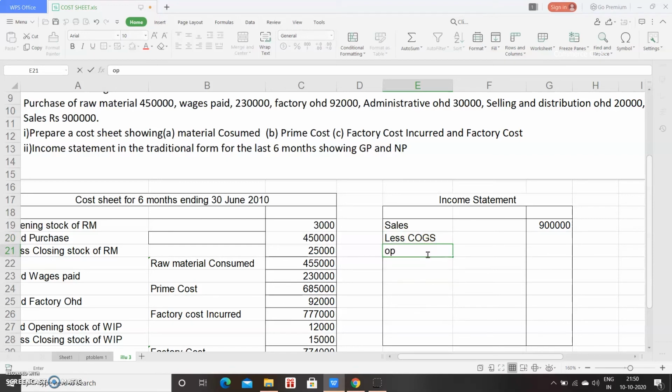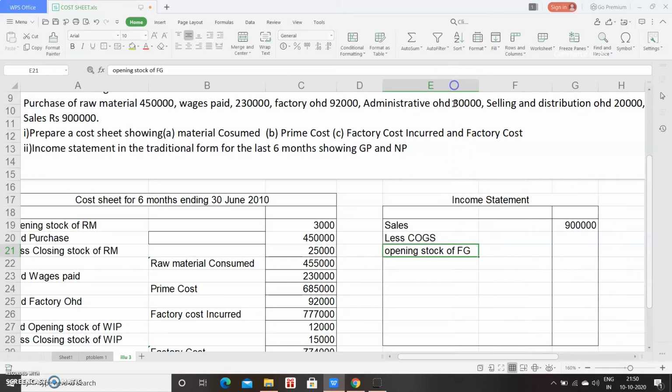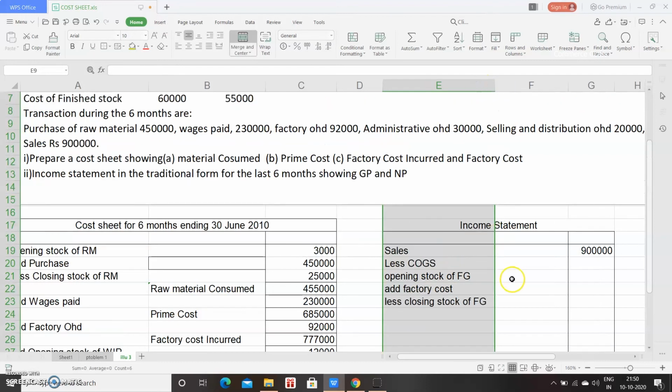Cost of goods sold is opening stock of finished goods, plus factory cost that we just calculated, and less closing stock of FG, finished goods.